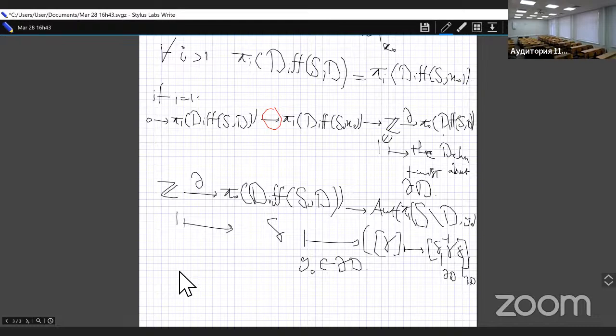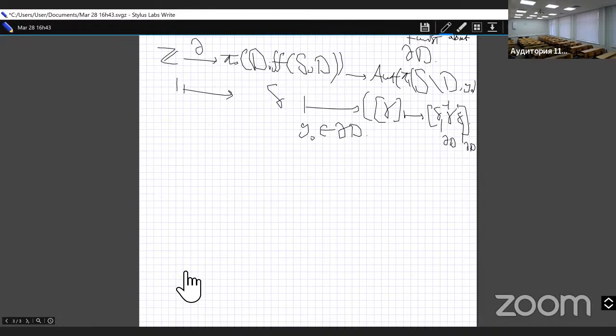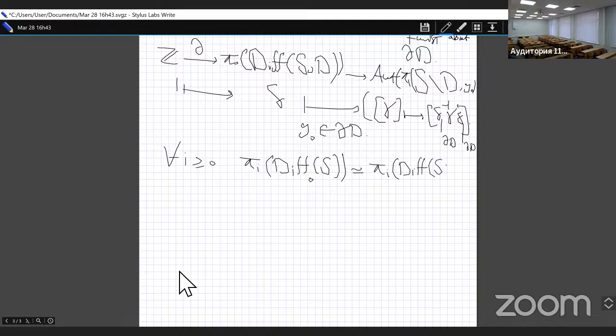So combining all of this together, we have shown this for the whole diffeomorphism groups, since the higher homotopy groups of the space are those of its component that contains the base point.